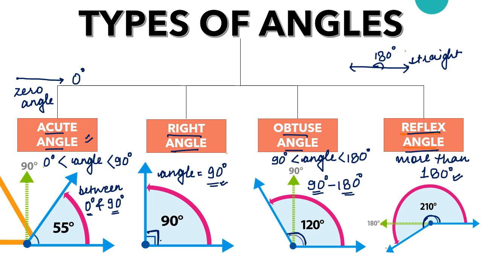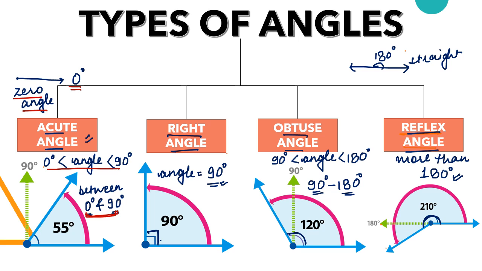So in all we have 6 types of angle: zero angle, then acute angle. Zero angle measures 0 degrees. Acute angle measures between 0 degrees and 90 degrees, that is, more than 0 degrees and less than 90 degrees.